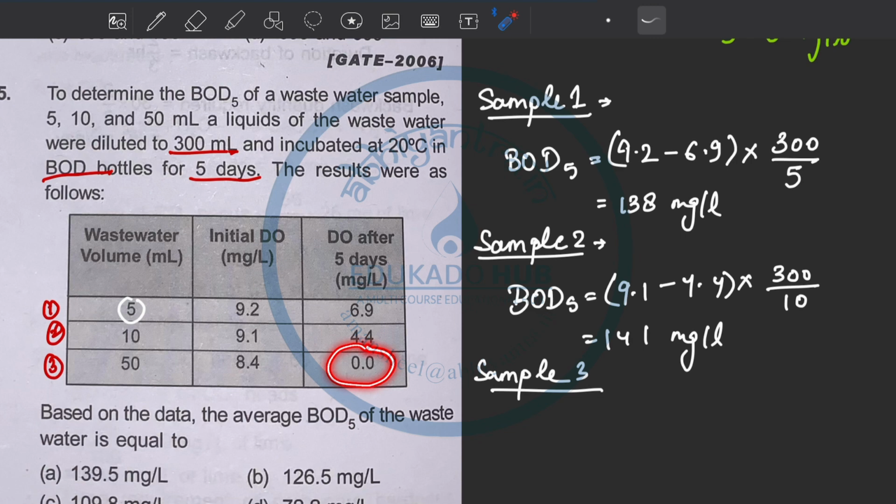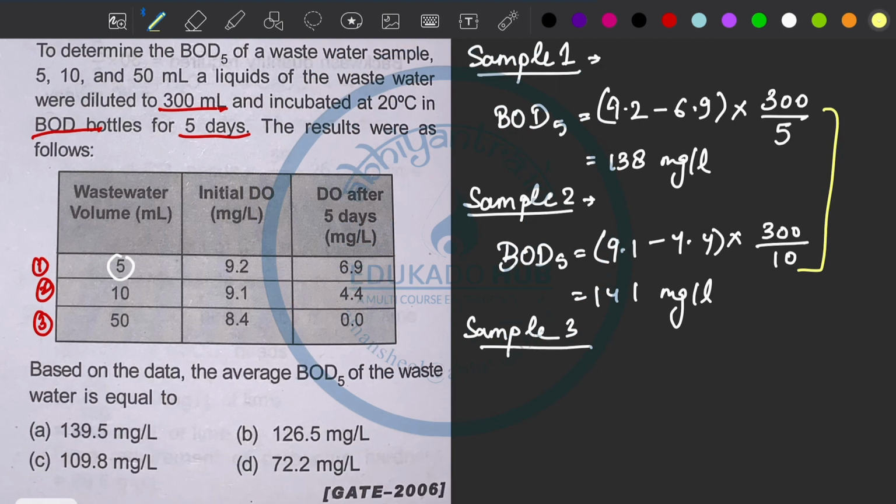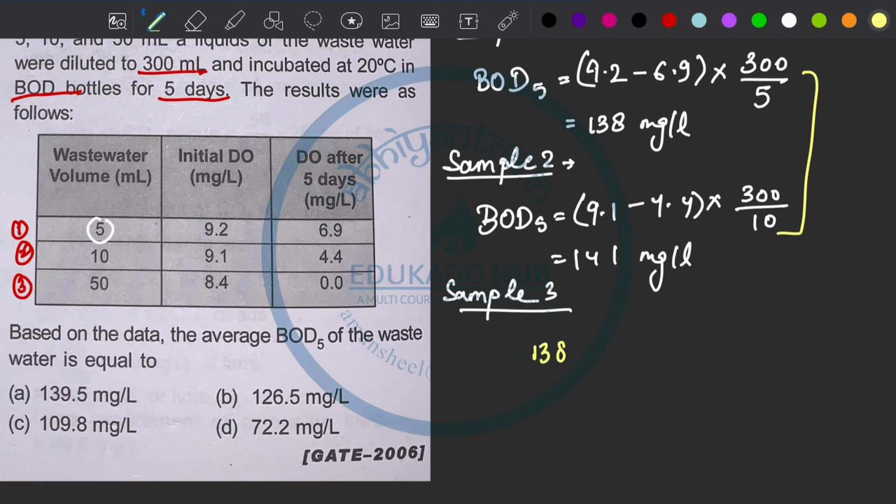So if we don't know the exact data here, we can't calculate for the third sample. So the average BOD will be for these two only. Average BOD will be 138 plus 141 divided by 2. It comes out to be 139.5 milligram per liter. So the correct option is option A.